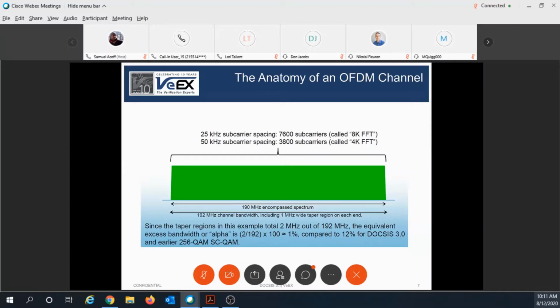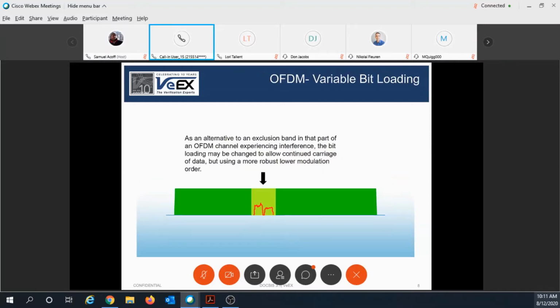So instead of being out completely, if it was, let's say, a QAM 1024 or 4096, you can lock it into a 256, as we've all been running 256 QAM for many, many years, and that portion of the spectrum can still carry information. So that's one of the added benefits here.